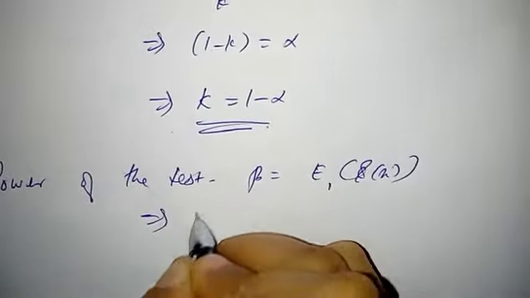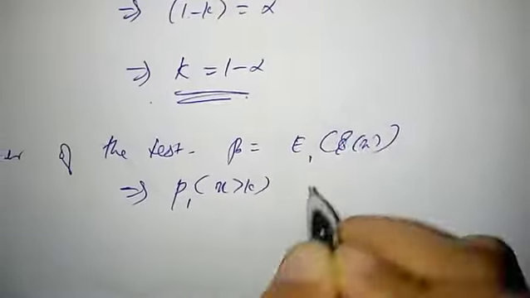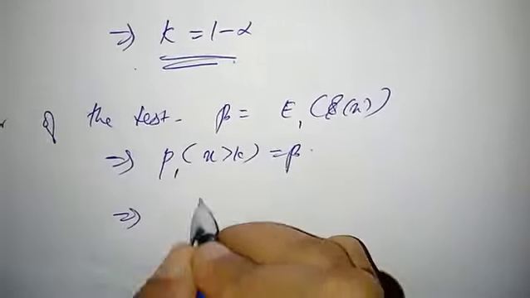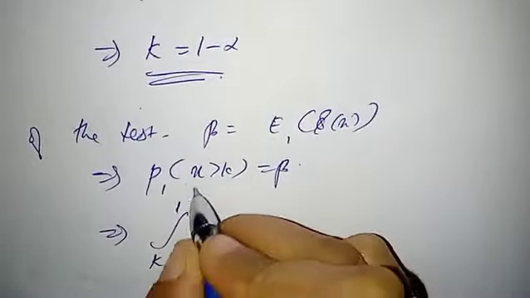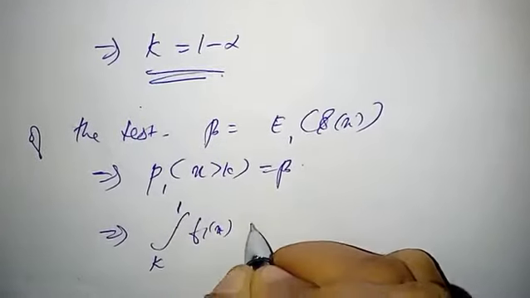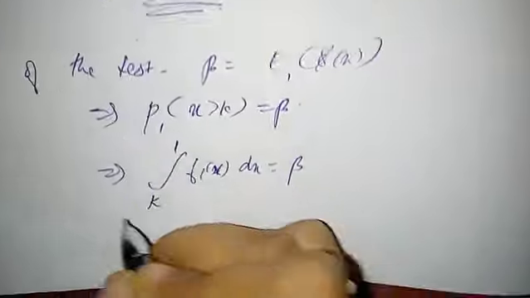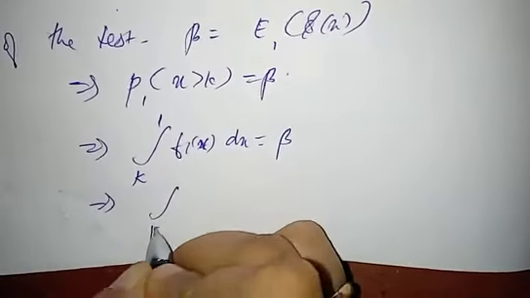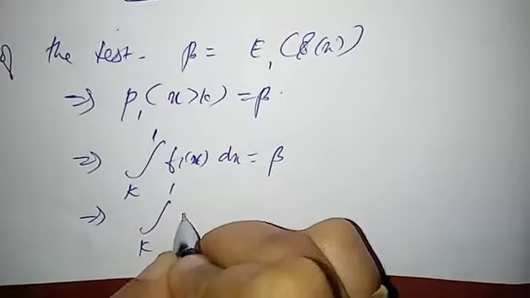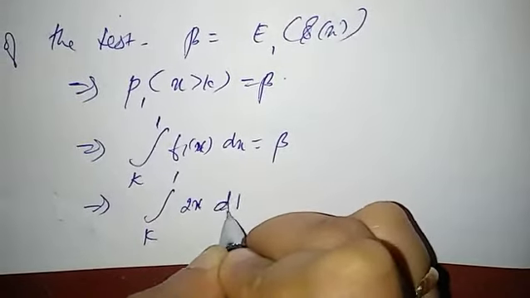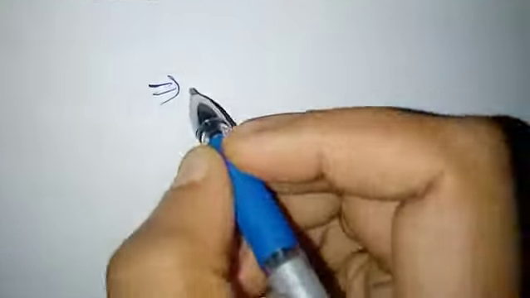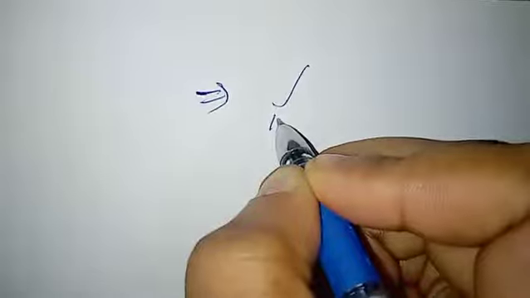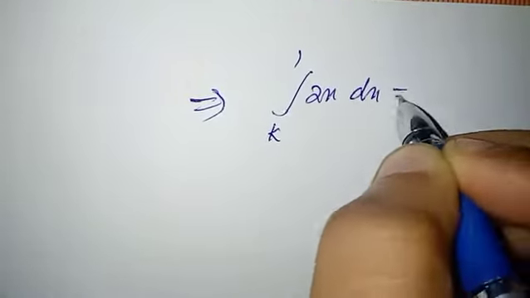Which implies probability of X > k under H1 equals beta, which implies the integral from k to 1 of f1(x) dx equals beta. Here f1(x) is 2x, so the integral from k to 1 of 2x dx equals beta.